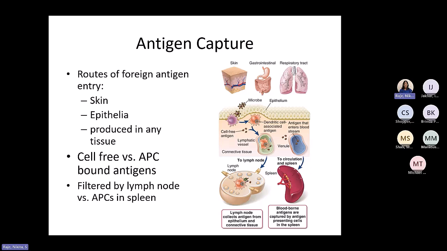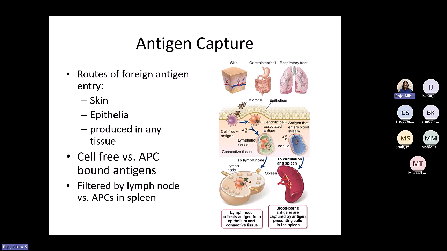These antigens are either bound antigens or cell-free antigens, right? And depending on where they are, they could be captured by different cells. For example, they could be filtered into the lymph node, or it can be free-flowing in the blood, and then they can come across antigen-presenting cells in the spleen.